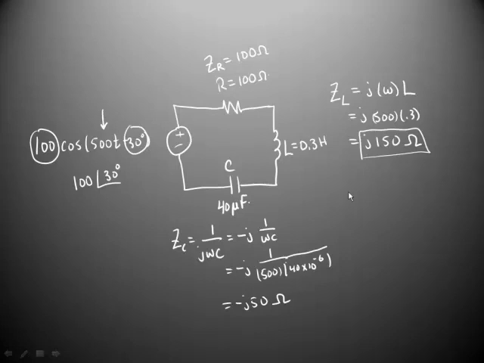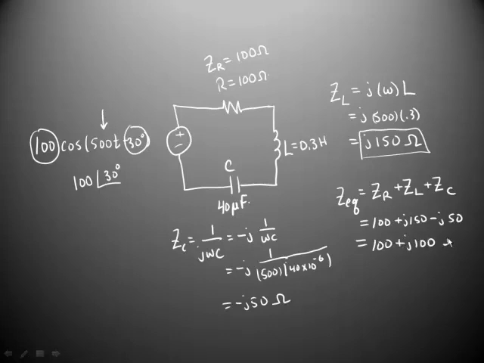Just like we had when we were working with resistances back in chapter 2, we will have a series equivalent impedance that is the sum of the impedance of the resistor, the impedance of the inductor, and the impedance of the capacitor. 100 ohms plus J 150 ohms minus J 50 ohms for a net impedance of 100 plus J 100 ohms.